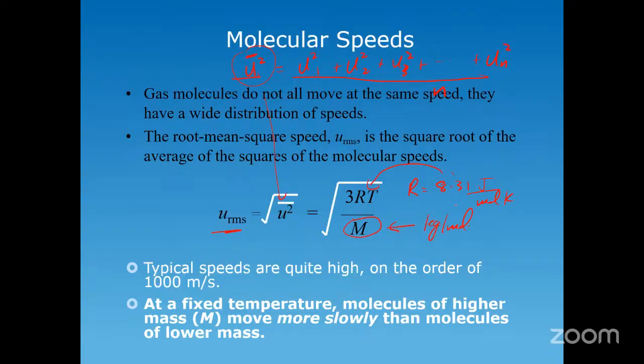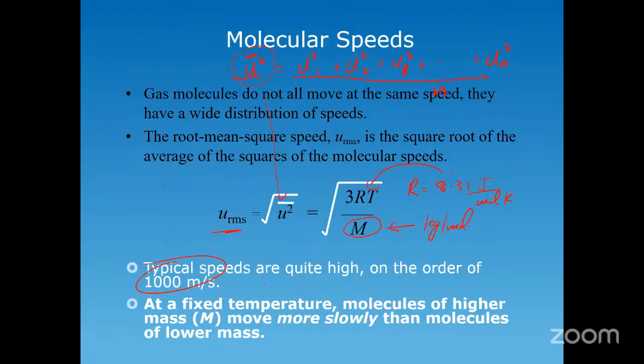And again, as usual, temperature must be in Kelvin. Whatever you calculate as a result would be the root mean squared speed. As stated here, these values for the root mean squared speed are usually very high, around 1,000 meters per second.